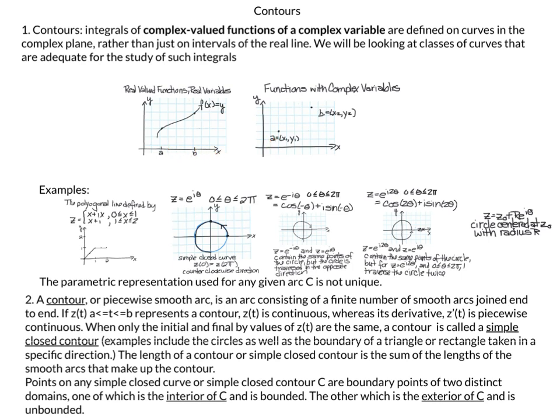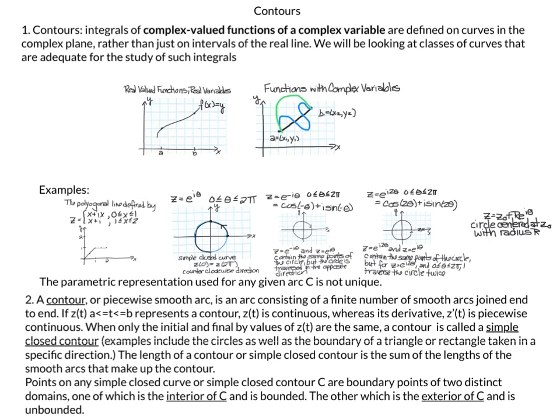So here you have the point A and the point B in the complex plane. Now, when you want to integrate from point A to point B, instead of just a line, you have many ways to get from point A to B. So here's one possibility, the straight line, or maybe you're going to do a curve of some sort, an indirect curve, or maybe you'll do half a circle or something.